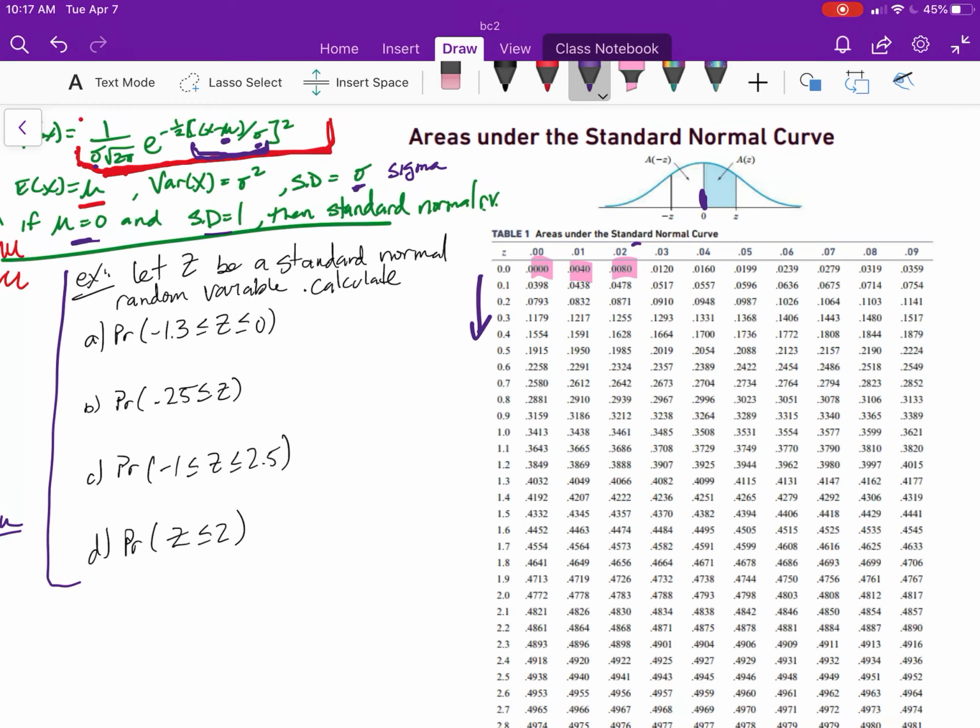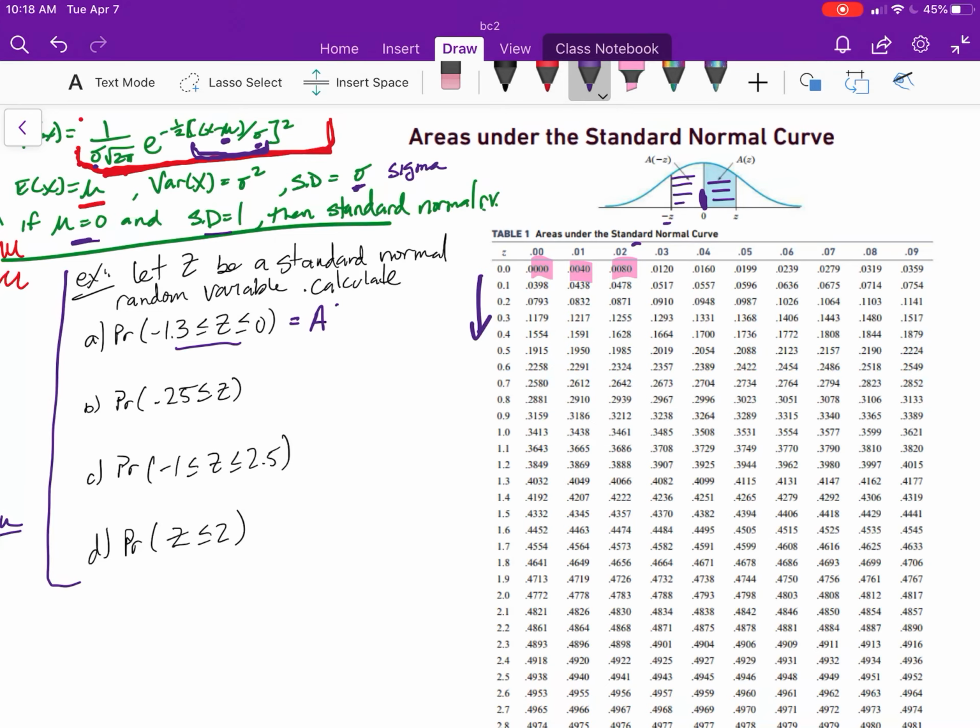Now, different books, different authors use different notation. I believe this textbook, and it's pretty common, says this area here from negative 1.3. So I'm picturing z is negative 1.3 up to 0. Well, that's going to be equivalent to going 0 to 1.3.